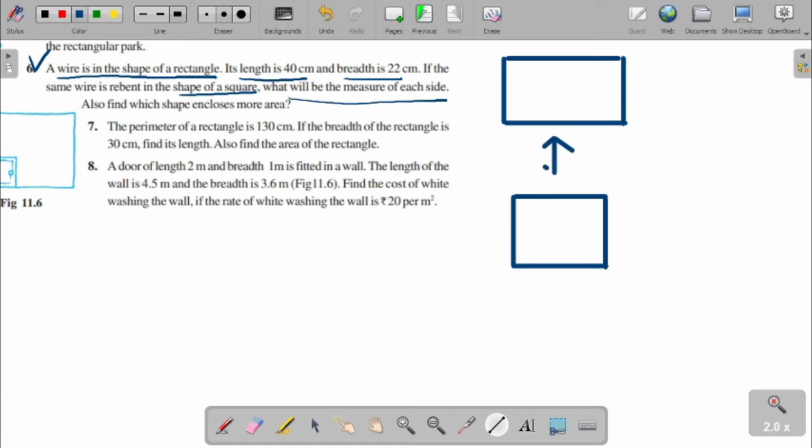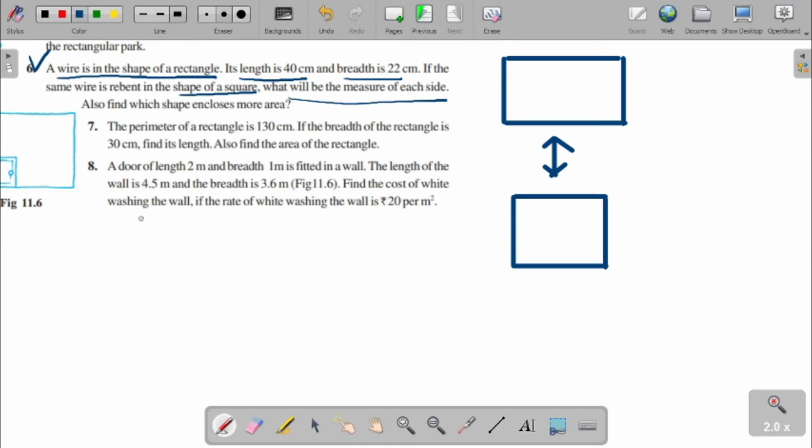If the same wire is used to construct the rectangle and the square, what is the same? That is, the perimeter is the same in both cases, since the wire is used for the boundary.